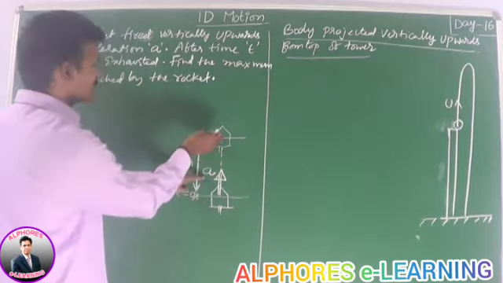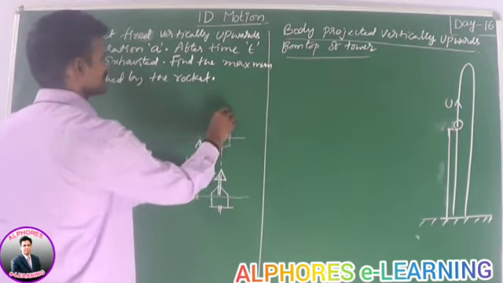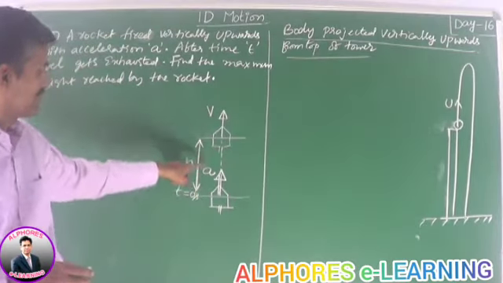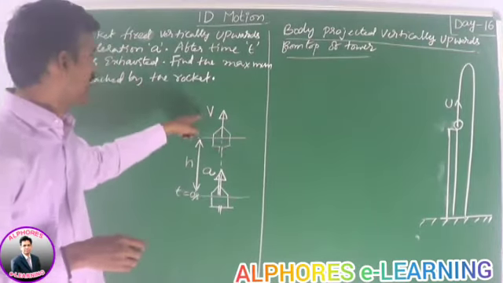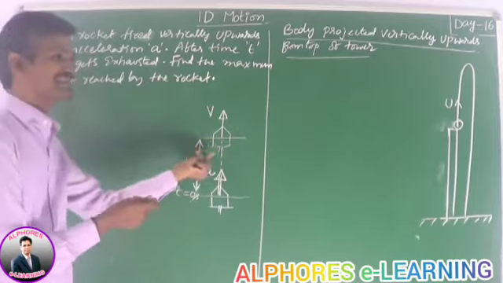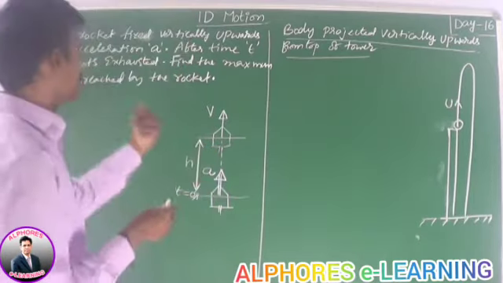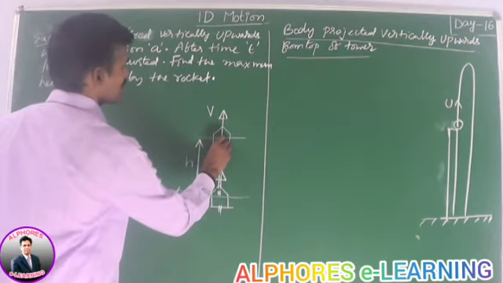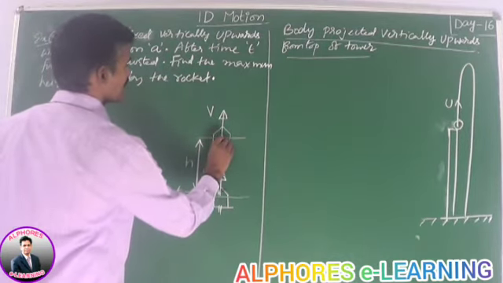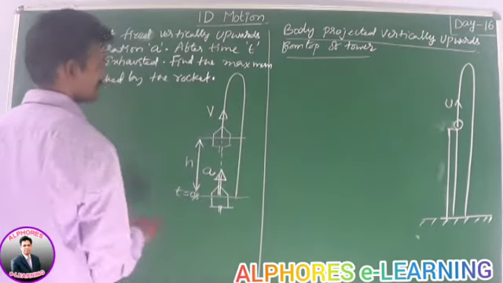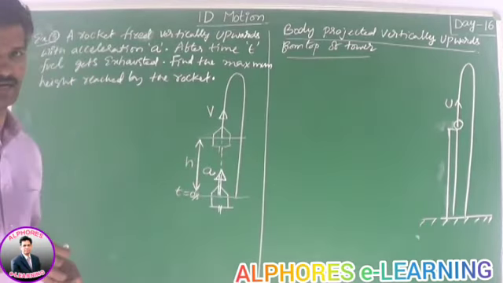Due to this acceleration, the rocket attains some velocity, let it be v. After that, the fuel gets exhausted, so there is no acceleration. Because of that, this rocket behaves like a vertically projected body, travels some height and then falls back to the ground. This is the behavior of the rocket.